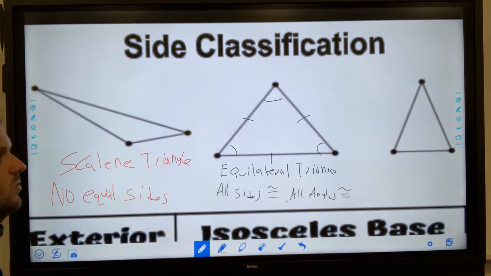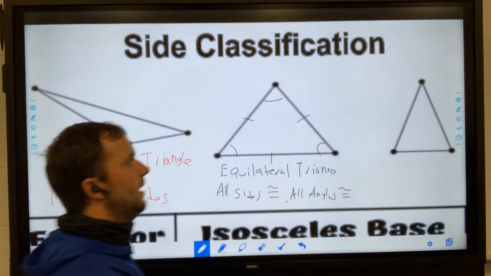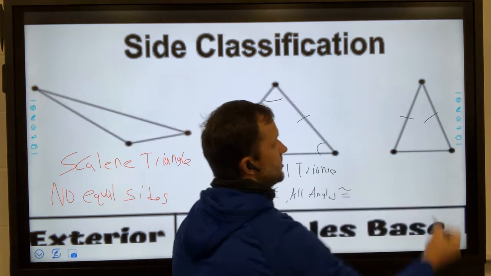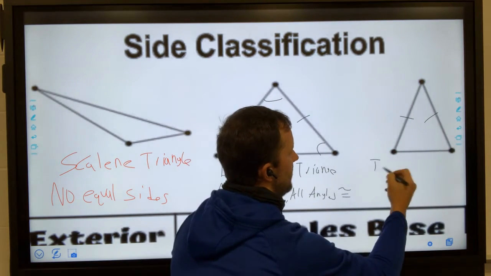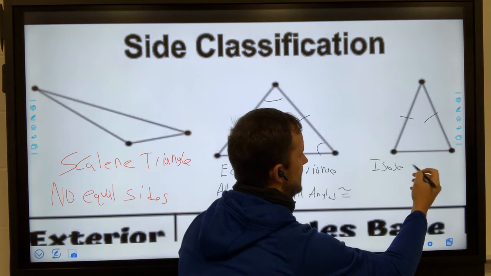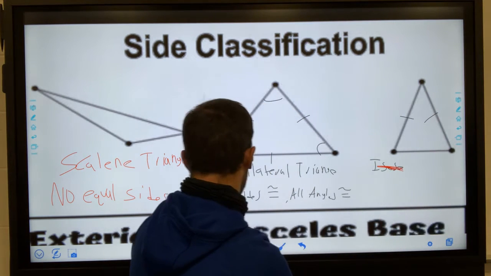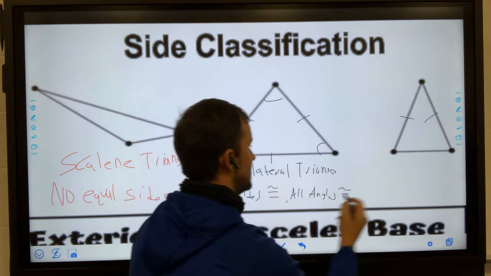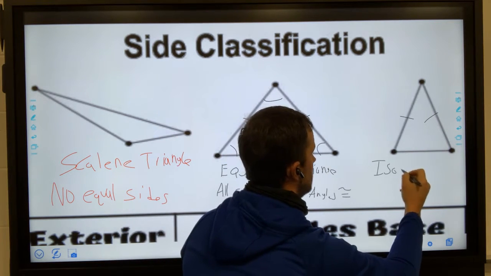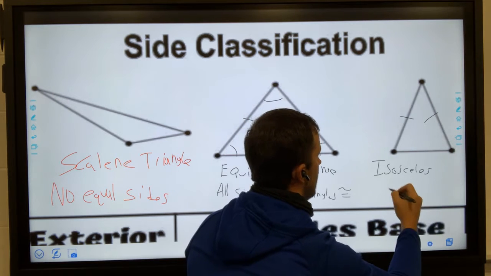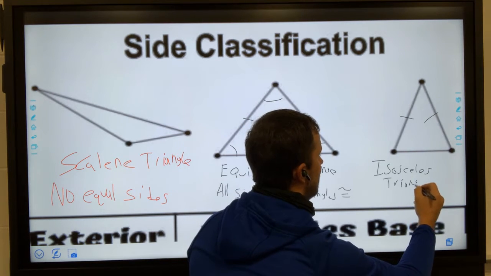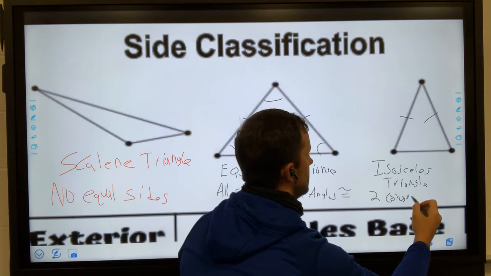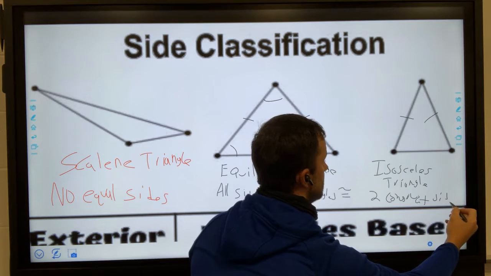And then our last one over here, just these 2 sides are going to be congruent. So I'm going to mark those congruent. So this is going to be known as an isosceles triangle. I always have trouble spelling this guy. Isosceles triangle, which means it only has 2 congruent sides.